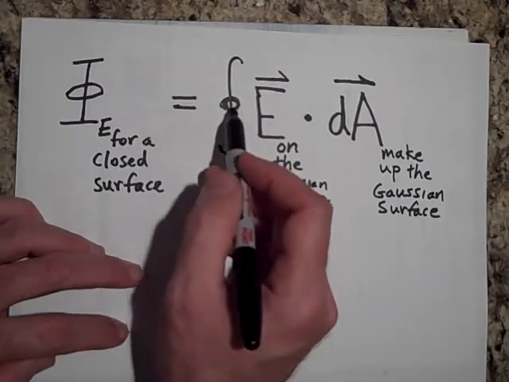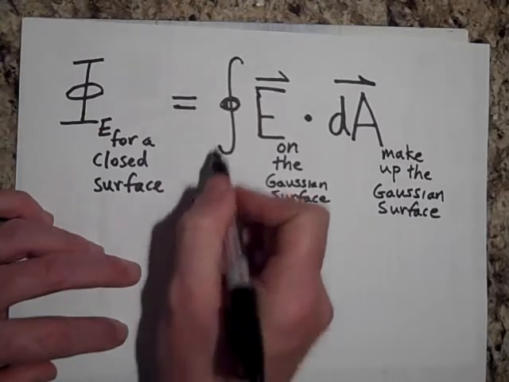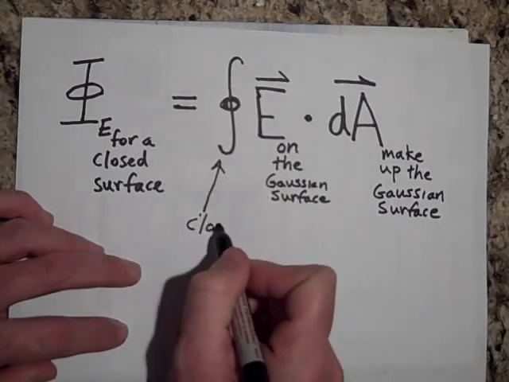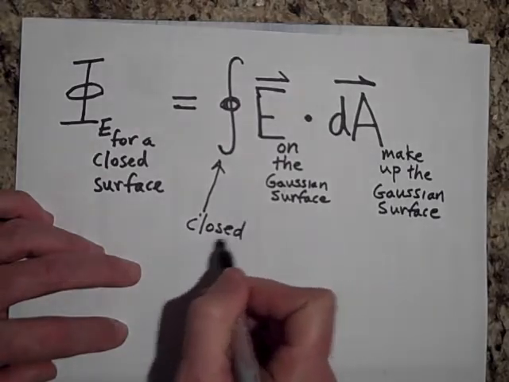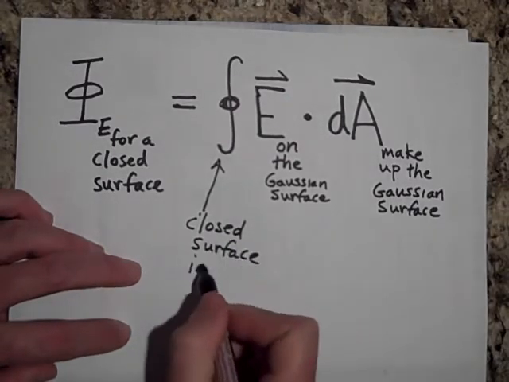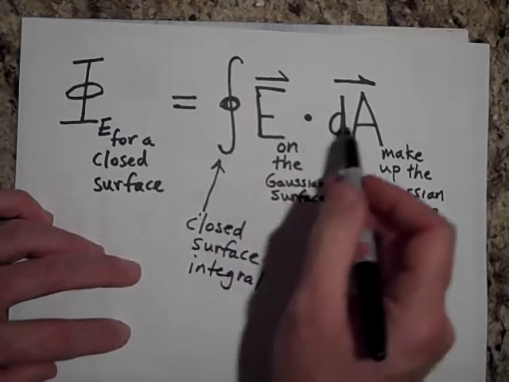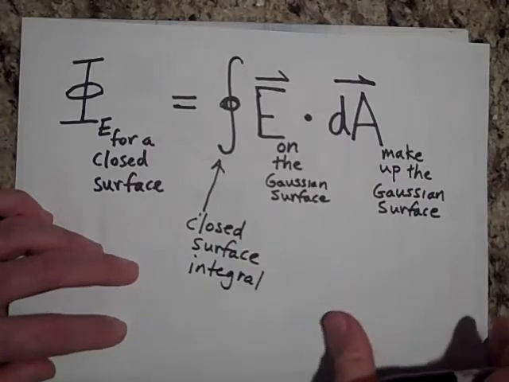This is called a closed surface integral. When you see that circle, you have a closed surface integral. It means add up E dot dA for the entire surface.